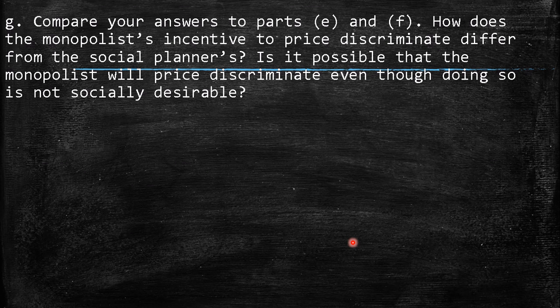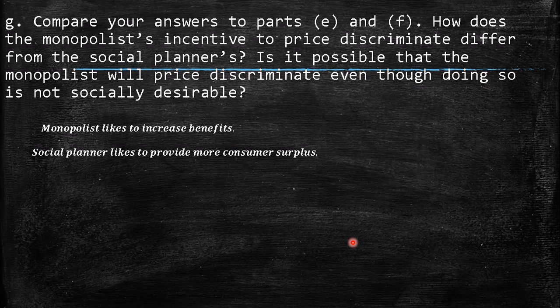And the last question says, compare your answers to parts E and F. How does the monopolist's incentive to price discriminate differ from the social planner's? It is possible that the monopolist will price discriminate even though doing so is not socially desirable. The monopolist likes to increase profits, and the social planner likes to provide more consumer surplus.